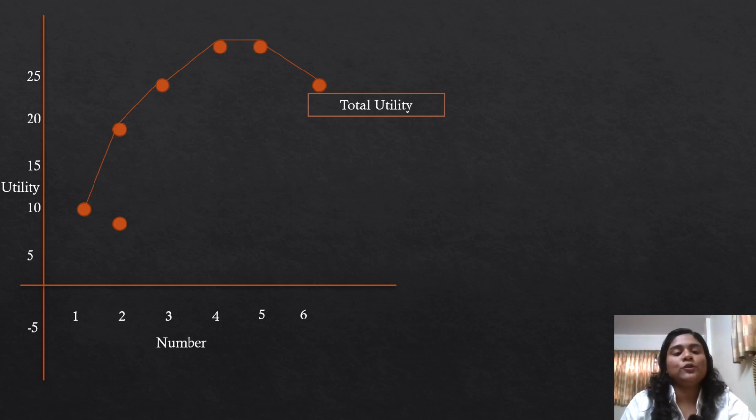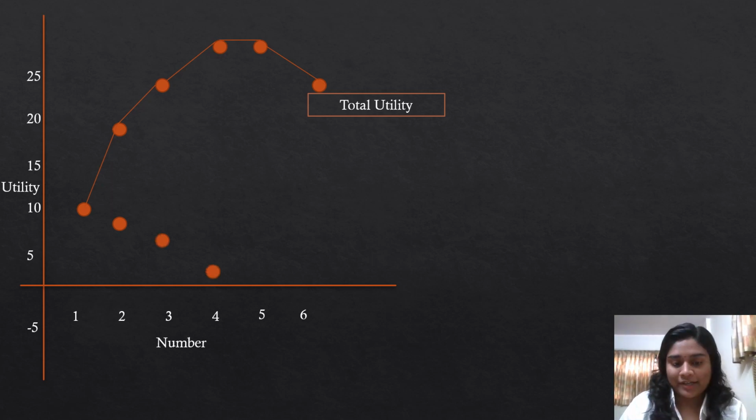When we have two cakes, the marginal utility has dropped down to 8, because at the first cake you were really hungry and you wanted to eat something. So the marginal utility derived is going to be high over there.